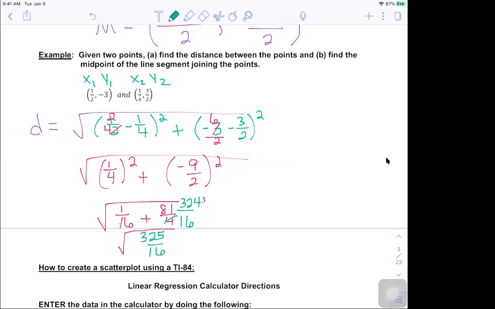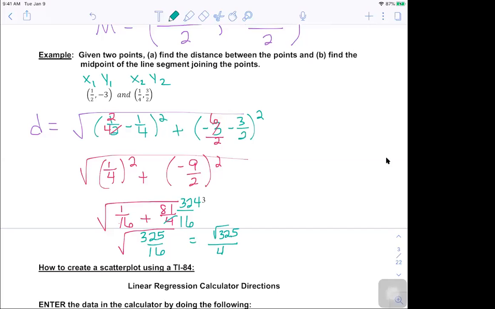So there's one final thing I could do to this. I could take the square root of just the 16 and make it a 4, and then I could keep the 325 on top. But I don't want a decimal, so just try and keep it as exact as possible. So I'm going to stop there.